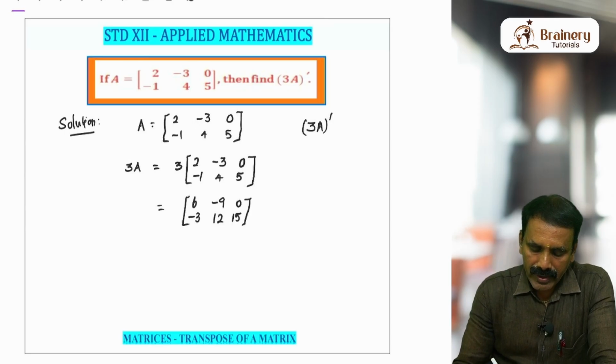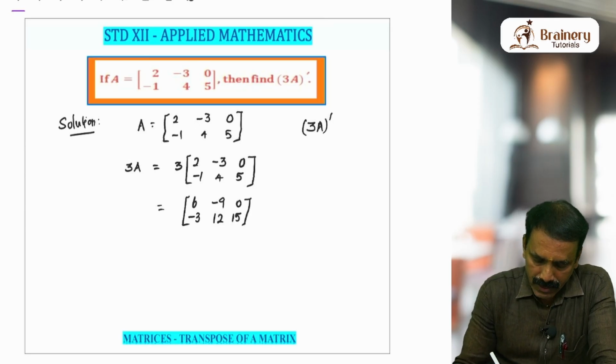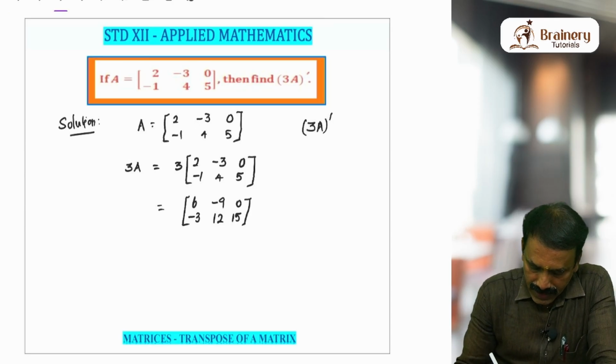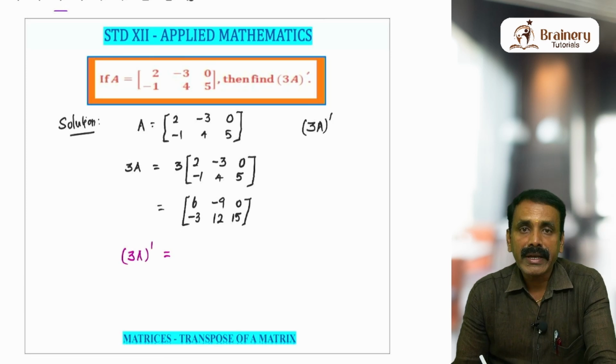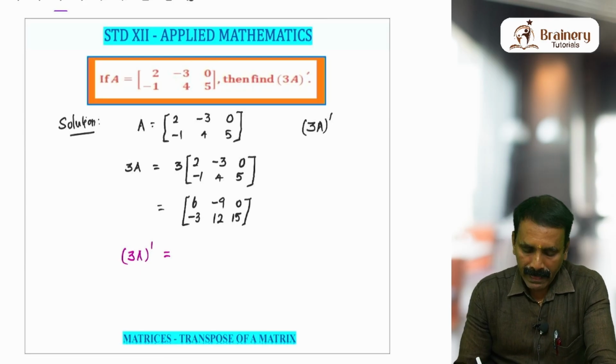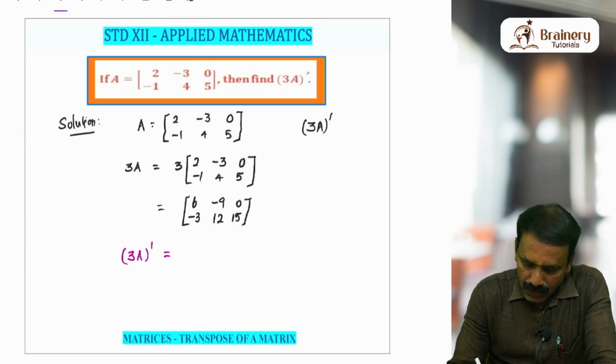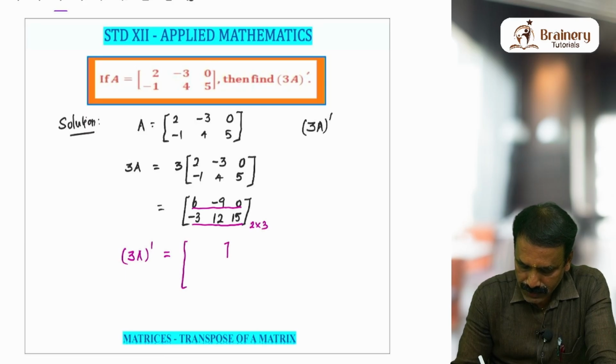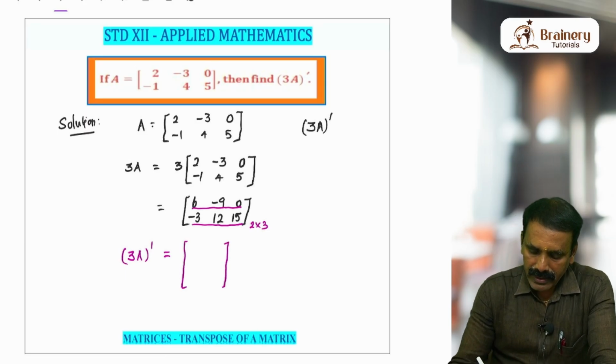But the question is not to find 3A. The question is about finding (3A) whole transpose. So how to find the transpose of this matrix 3A? We have to change the row elements to column elements. It is a 2 by 3 matrix, and we are going to change it to its transpose.